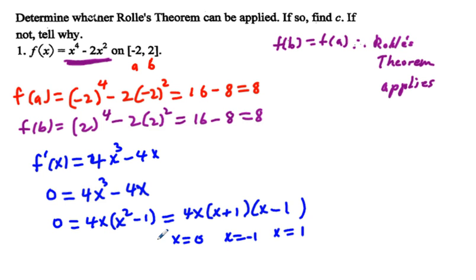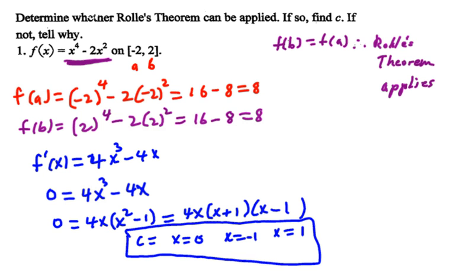So c can equal 0, negative 1, or 1. That's where Rolle's theorem will apply. Three possible values for c here.